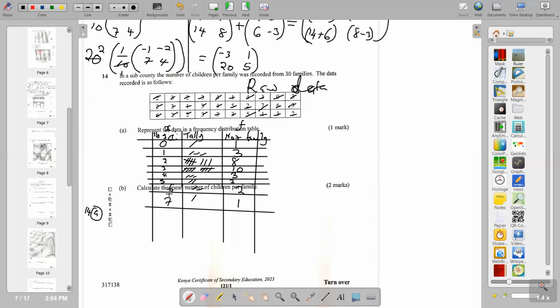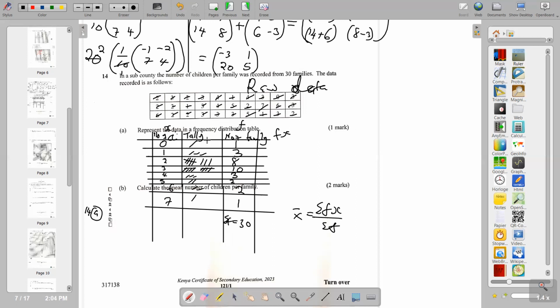And then for part B, calculate the number of children per family. So that one now is the mean. And you know the mean is summation fx over summation f. So maybe here you can have summation f, that is 30. And then maybe you can have fx.